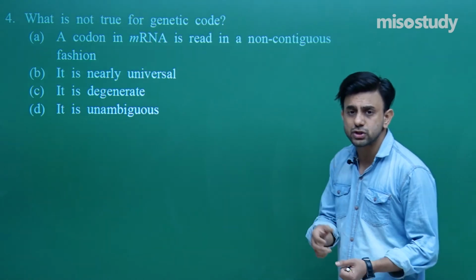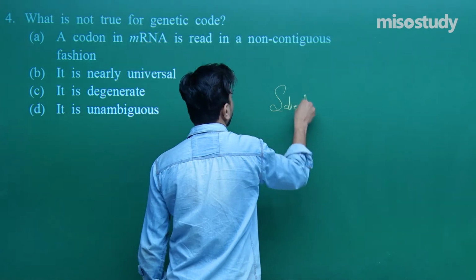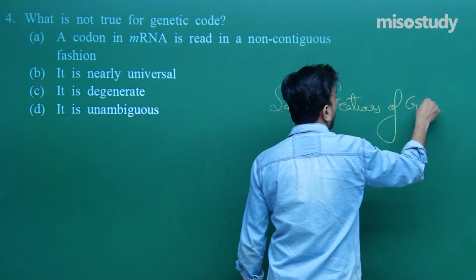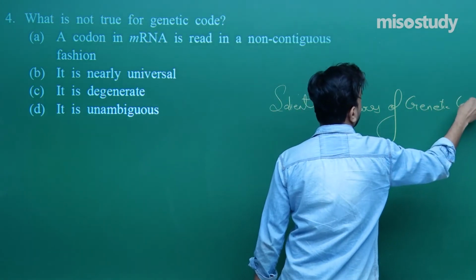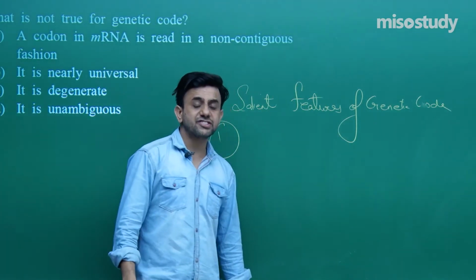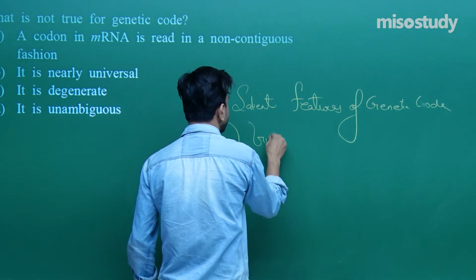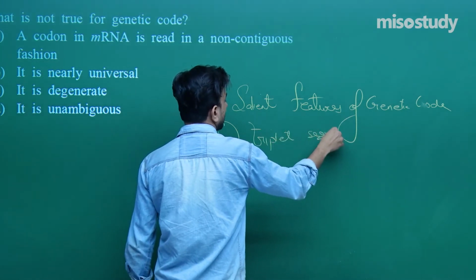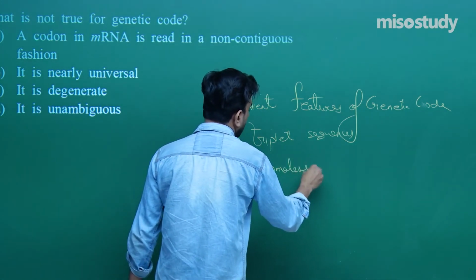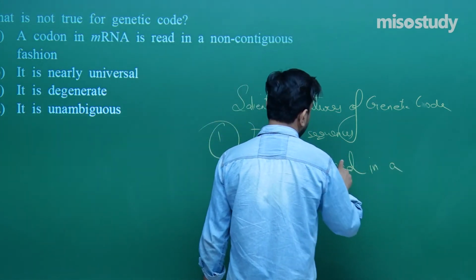What are the salient features of the genetic code which was given by Gamow? It consists of triplet base sequences of the mRNA, triplet sequences without the comma, that means comma-less, read in a continuous fashion.